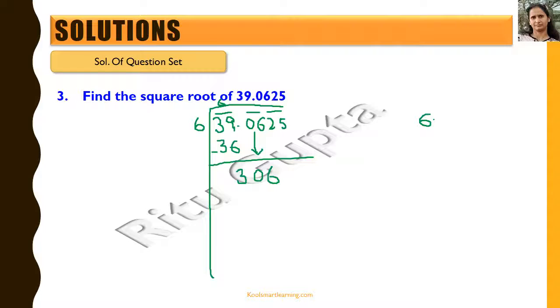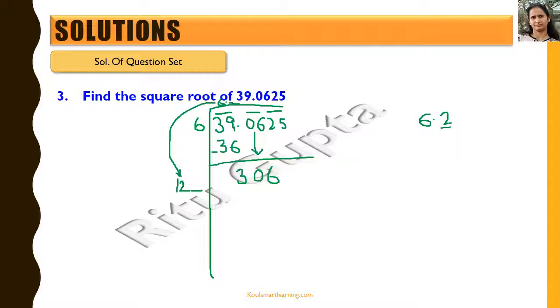Now we bring down twice of this here, and we place a dash in the quotient area. So what is the number that we can multiply it with? We see that if we make it 123 multiplied by 3, it becomes more than 306.